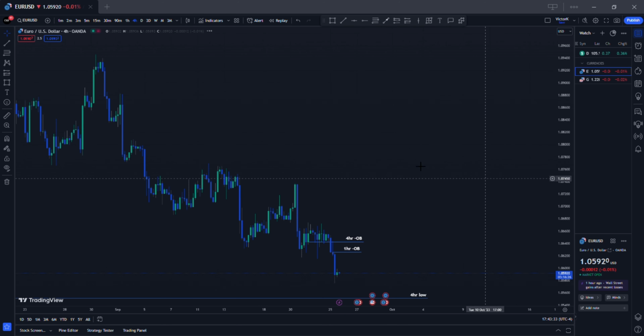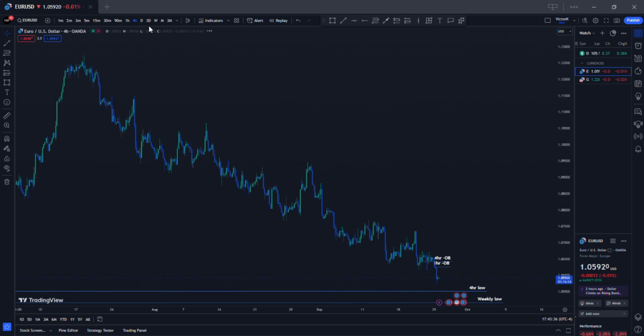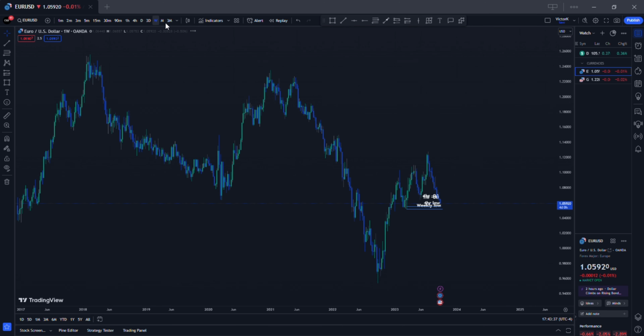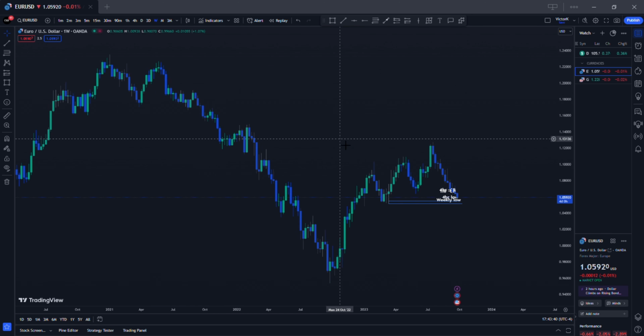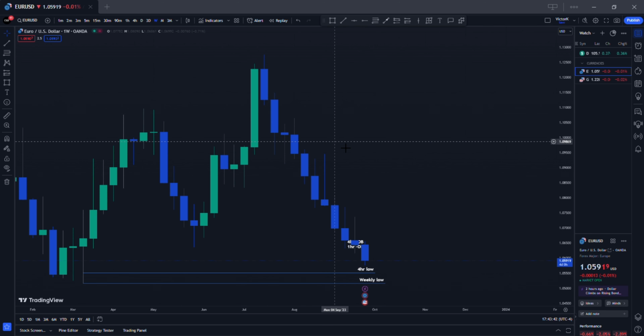Look at Euro USD. We go from the weekly chart again. Okay, so we are using the higher time frames to guide our lower time frame entries so that we can be more accurate. So we have the weekly low, which is now my new target.